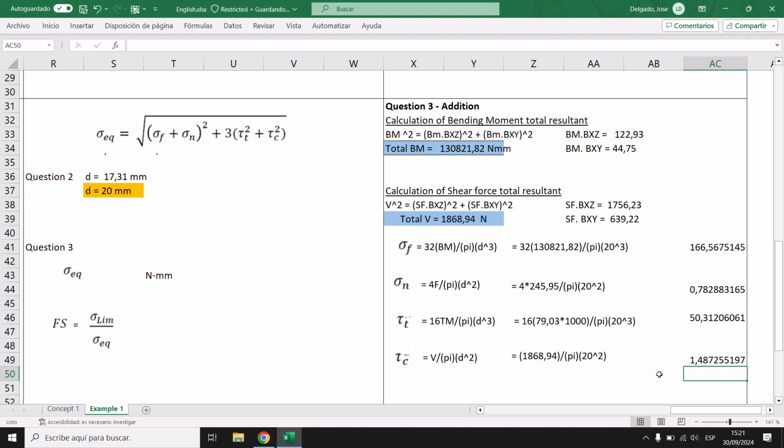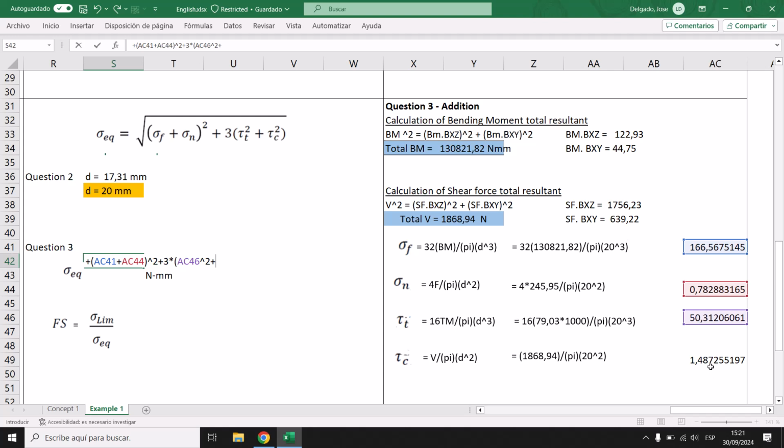Now it's our new values, and just make the same equation. So let's try to make it here. You should add this with this, then square, plus 3 times the square of our torque stress, plus the square of our shear stress.